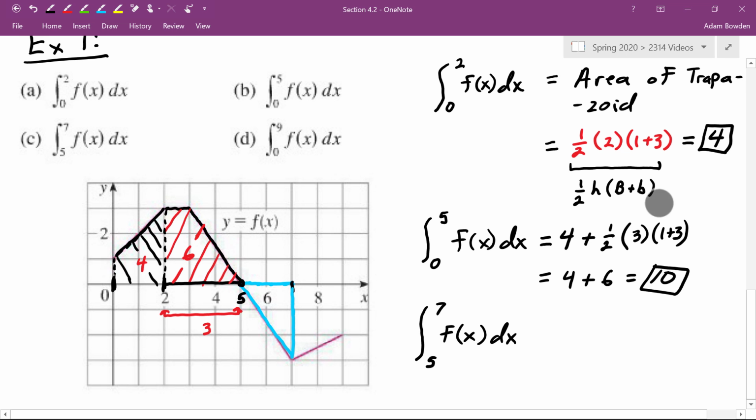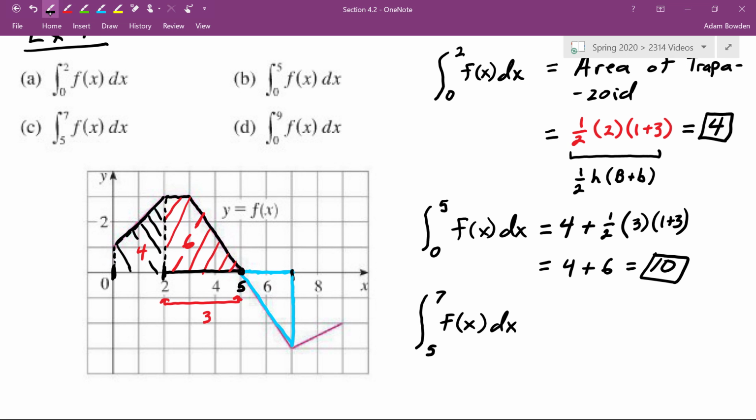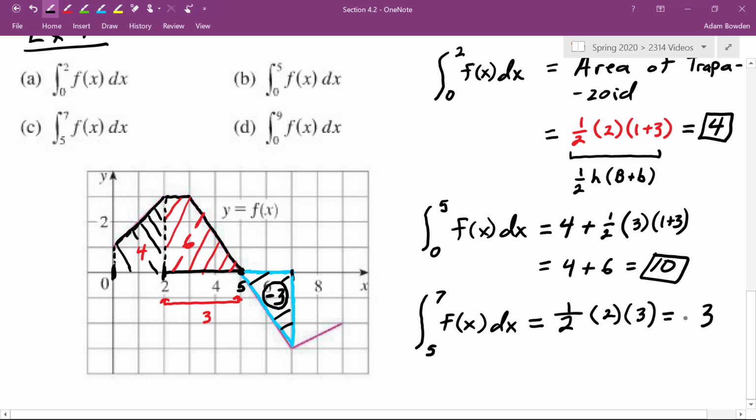So we'll use the formula for the area of a triangle to figure out what this integral is equal to. 1/2 base times height. And so that area would be 3. Now the one thing to keep in mind is that this is falling below the x-axis, that area will actually be given by a negative number. So this integral would actually be -3 in this case.